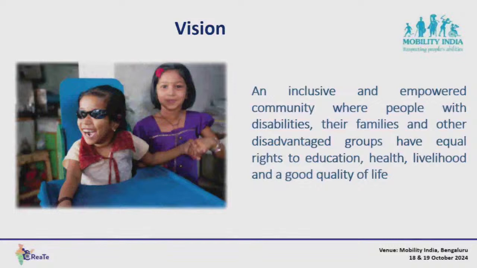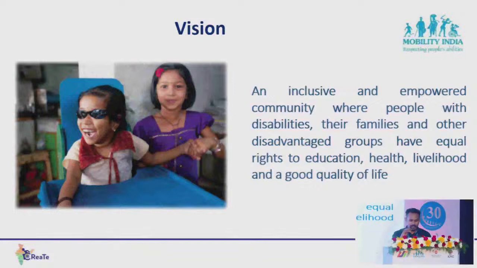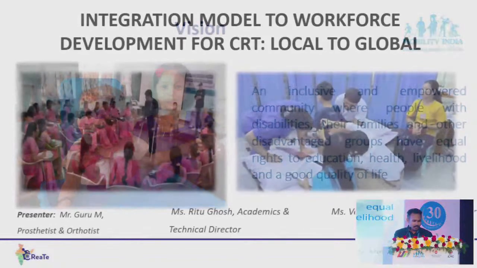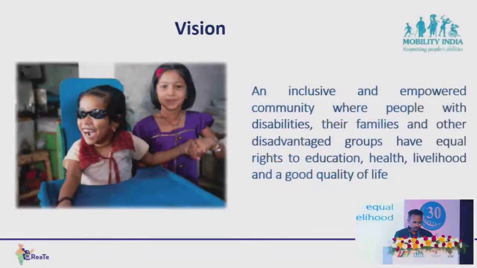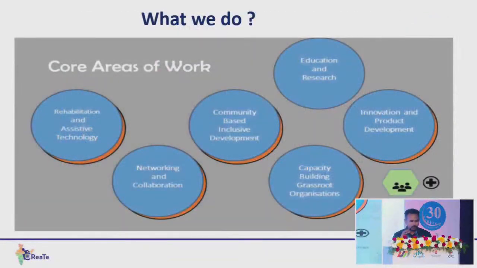So starting from our vision is to build an inclusive and empowered community. So what do we do? Rehabilitation and assistive technology, networking and collaboration, community-based inclusive development, education and research, inclusion and product development, capacity building, grassroots organizations.